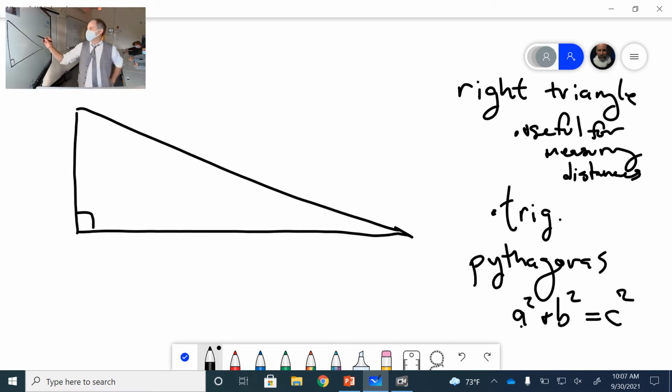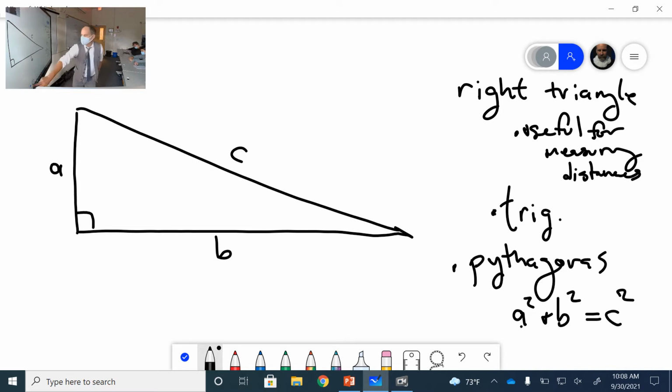So for the purposes of Pythagoras, C is the hypotenuse, and A and B are, what do we call those other things? One's the base and one's the height, or both of them are legs. I think the thing that's important is you can recognize what's a hypotenuse and what's not. So Pythagoras is important.